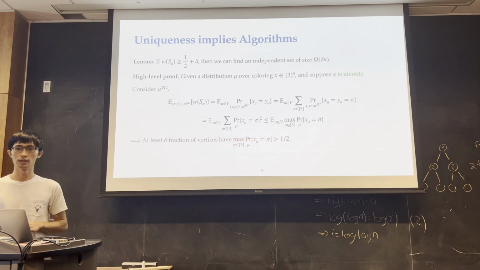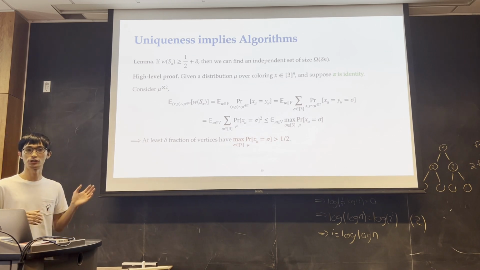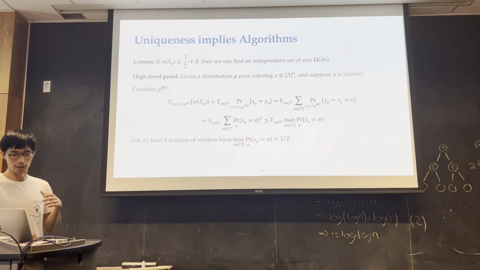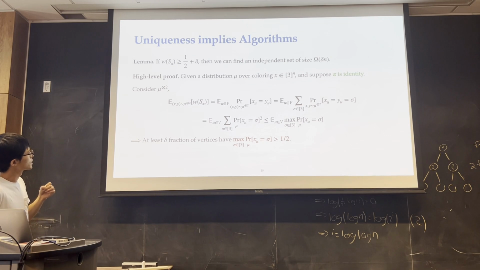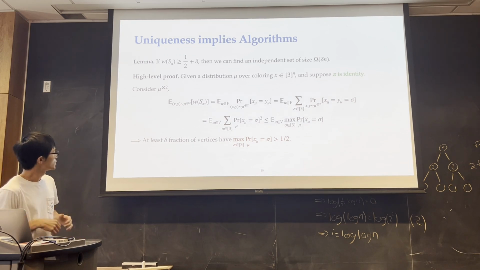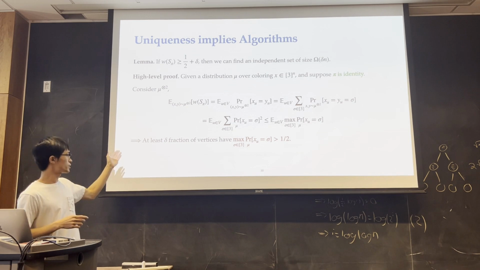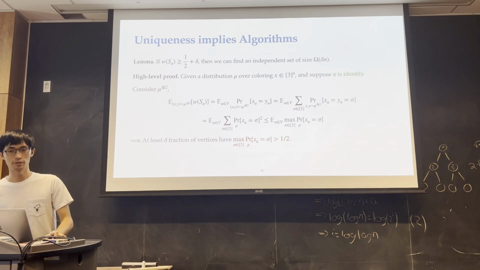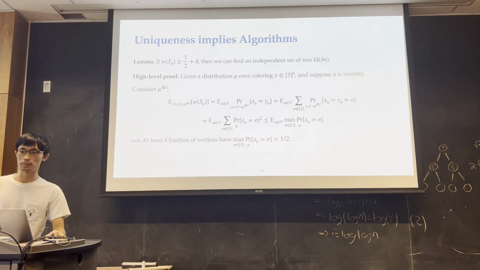This is basically a very similar calculation as the independent set case, but instead of independent sets, we have coloring. So the end goal is to show that there are at least delta fraction of vertices that satisfy this inequality: the max over the three colors of the probability that xu is assigned to some sigma is larger than half.